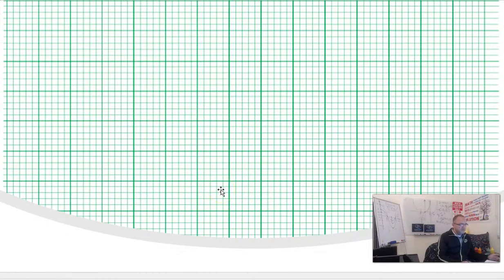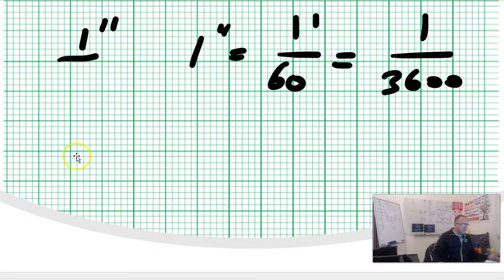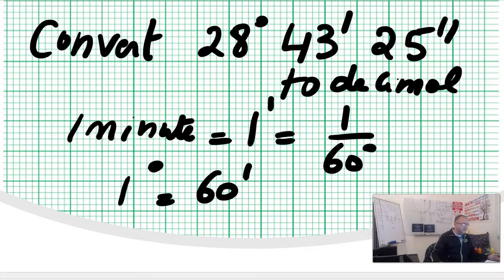In math, 1 second equals 1/60th of a minute, which is 1/3600 of a degree. So going back to the question, they have 25 seconds.